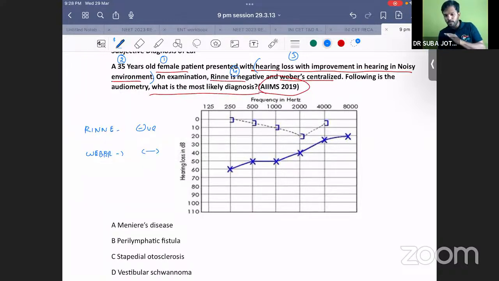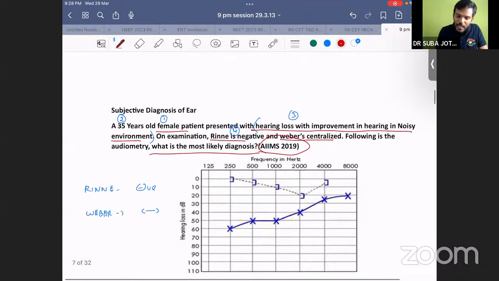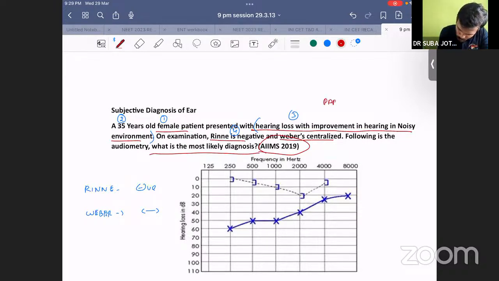Dr. Vidya, you are spot on with your answer. The phenomenon that has been quoted here is paracusis willisii. Normally they will not hear better, but in the presence of a noisy environment, they will hear better.